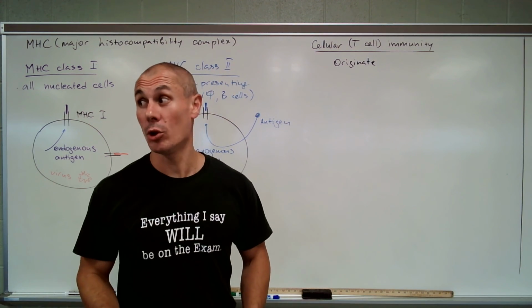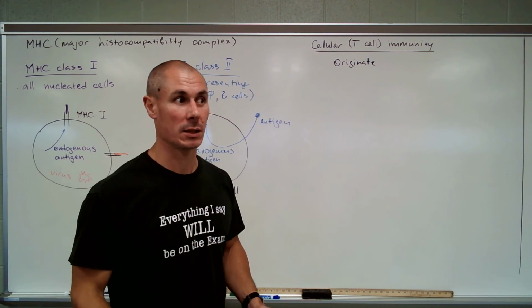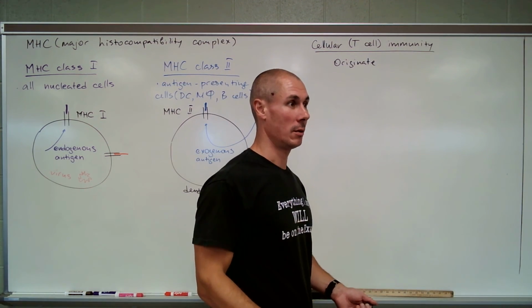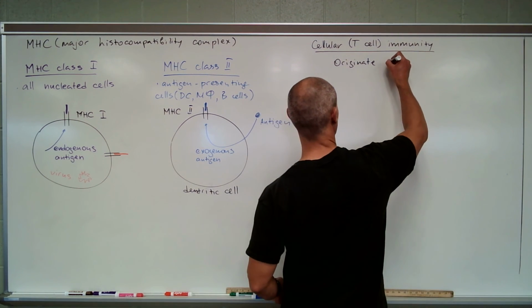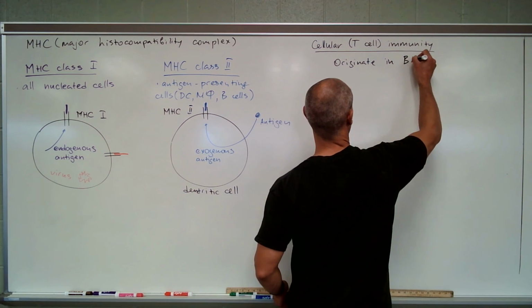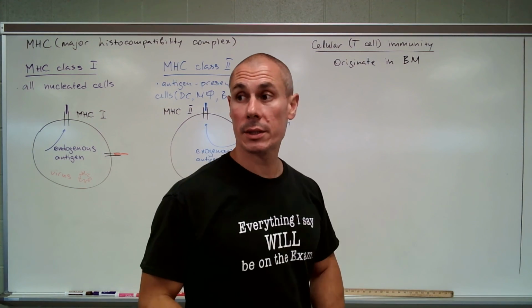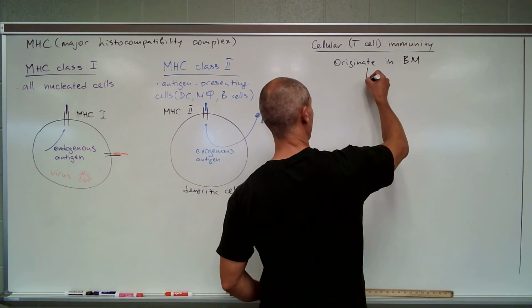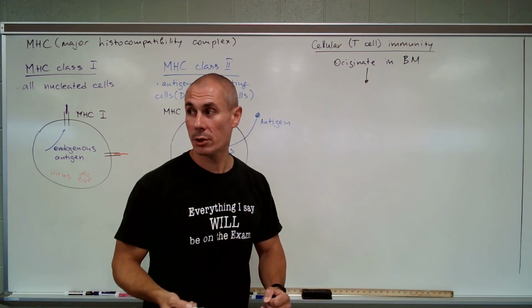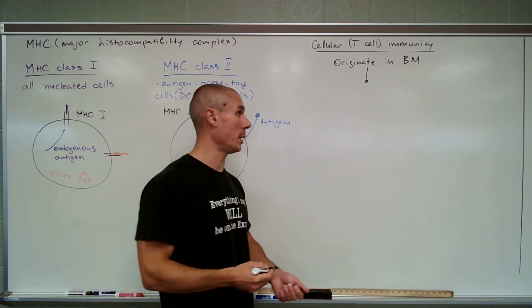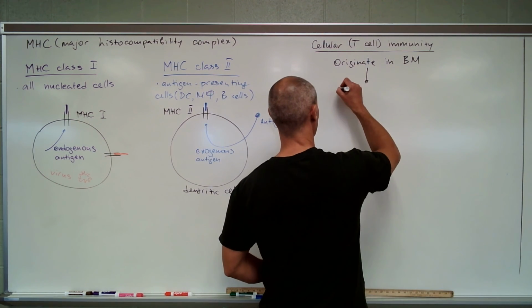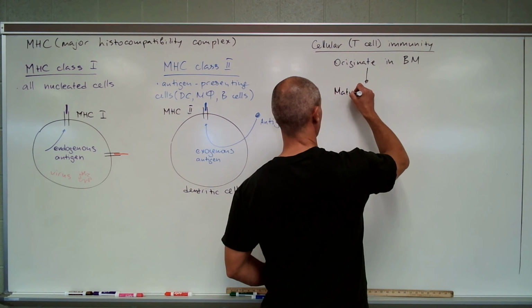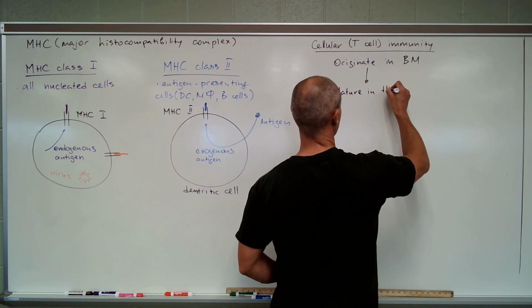I'm going to give you a hint: those are white blood cells. Where should they start? Bone marrow, of course. But then instead of staying in bone marrow, they're born in Cleveland, but for their education they moved to Columbus and attend Ohio State. So they mature in the thymus.